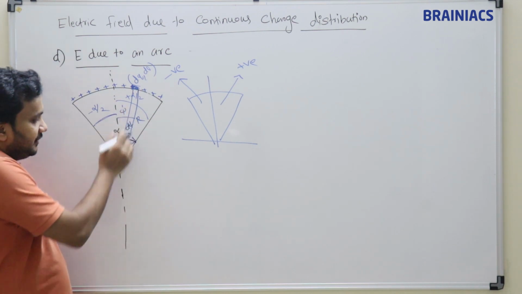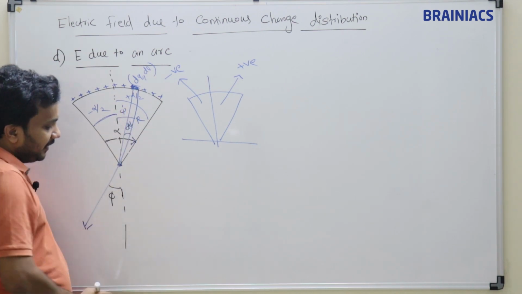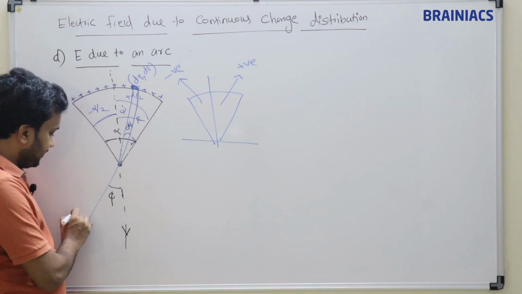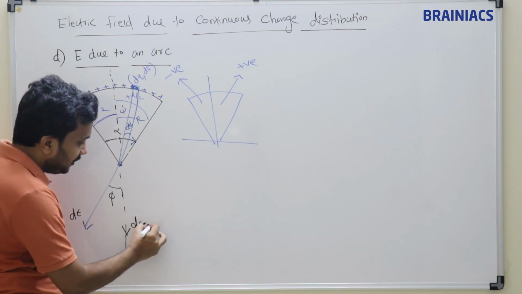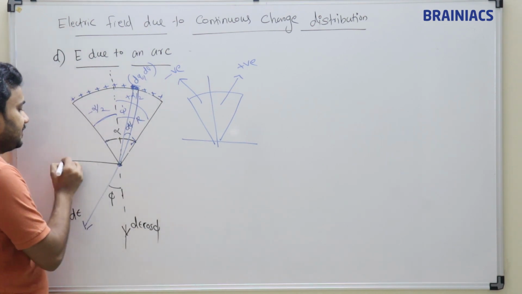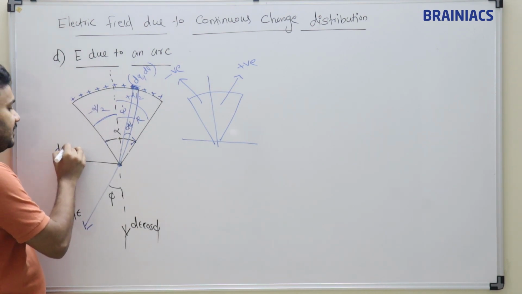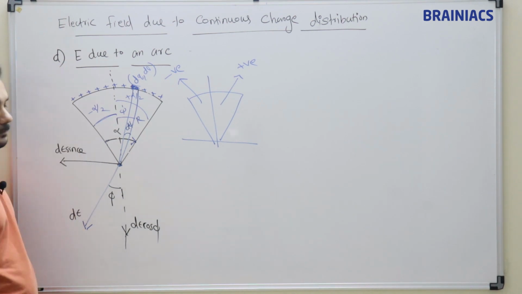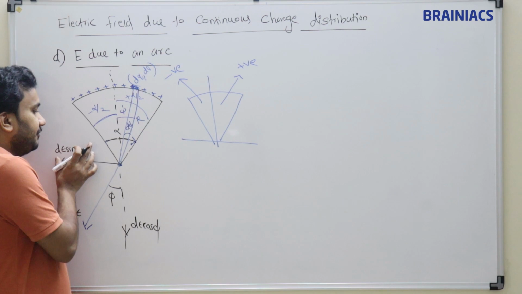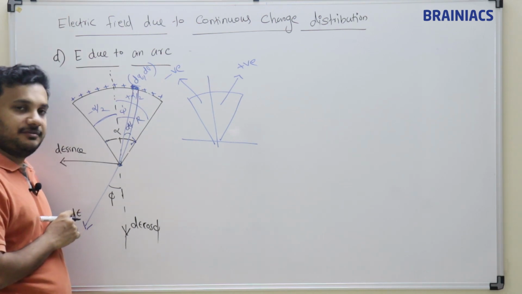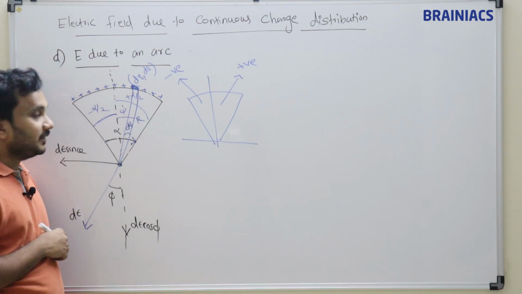If this is φ, this is also φ. This is the electric field dE. It comes with a dE cos φ component, and the other component is dE sin φ.